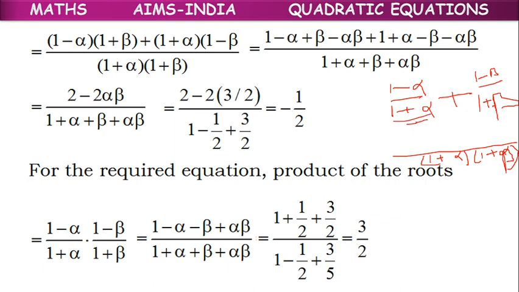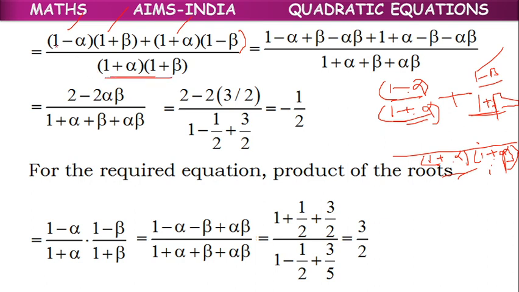Here, 1 plus alpha is there, 1 plus beta is missing, so we multiply the numerator with 1 plus beta: 1 minus alpha into 1 plus beta. Next, 1 plus alpha is missing, so we multiply the numerator: 1 plus alpha into 1 minus beta. The denominator will be the same.